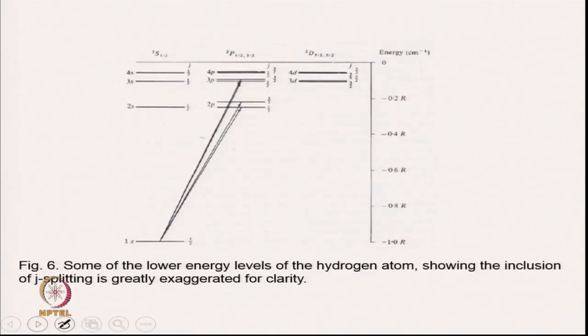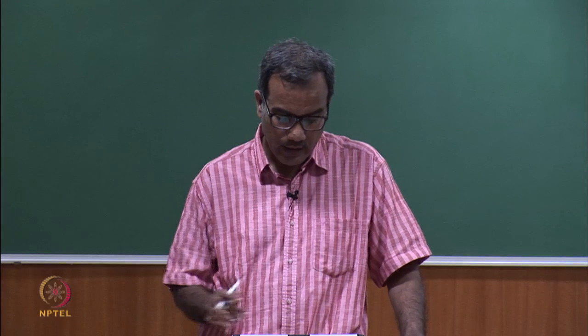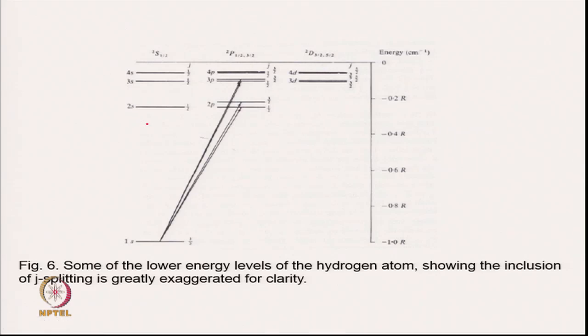In totality, what you will see is, suppose this is 2s, this is 1s, your 2p is split into 2, 3p is split into 2, 4p is split into 2. Similarly, 3d is split into 2, 4d also is split into 2.